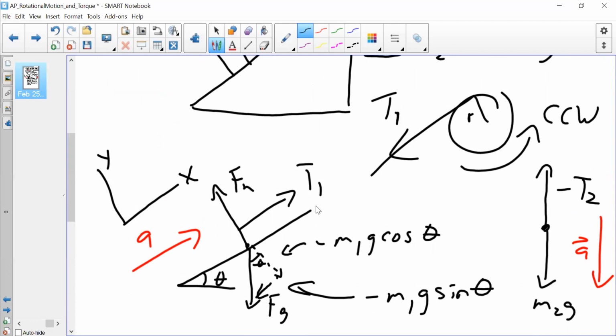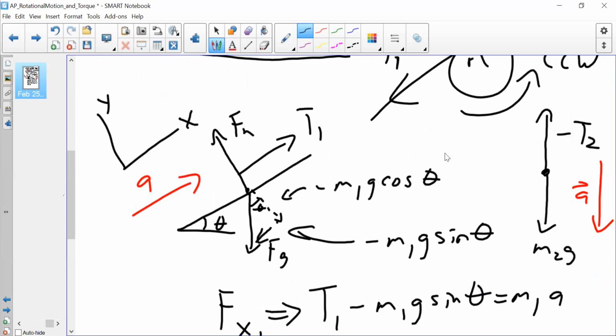Okay, so T1 is going to give a counterclockwise rotation that we see here.